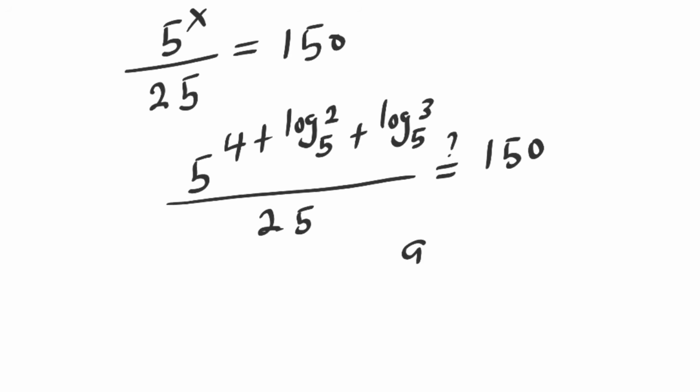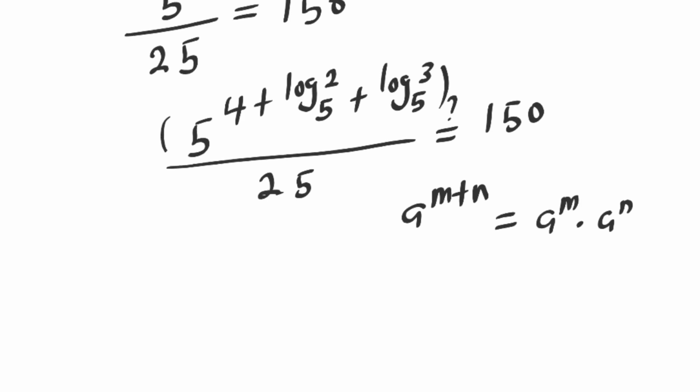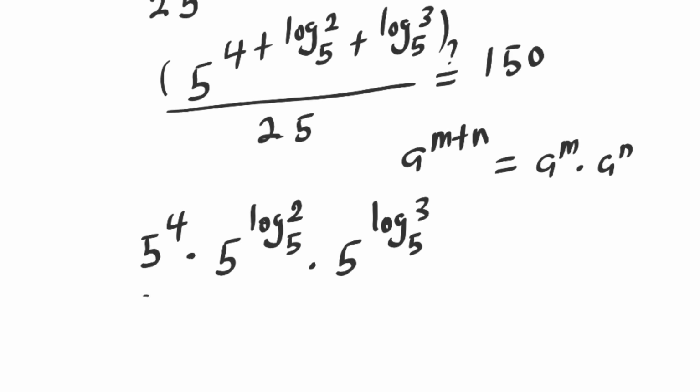If you have a raised to power m plus n, this is equal to a raised to power m multiplied by a raised to power n. Then this can be written as 5 raised to power 4 multiplied by 5 raised to power log 2 base 5 multiplied by 5 raised to power log 3 base 5 all over 25 is equal to 150.